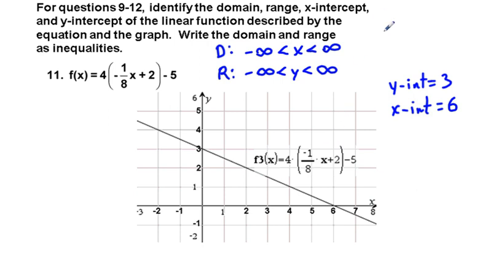And sometimes you can write these as coordinate pairs. The y-intercept you can write as 0, comma 3, and our x-intercept you can write as 6, comma 0. So just a slightly alternative way of expressing x and y-intercept.